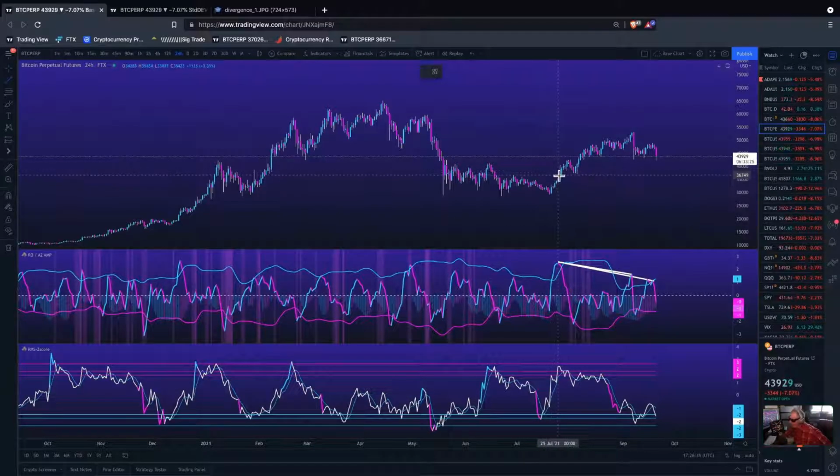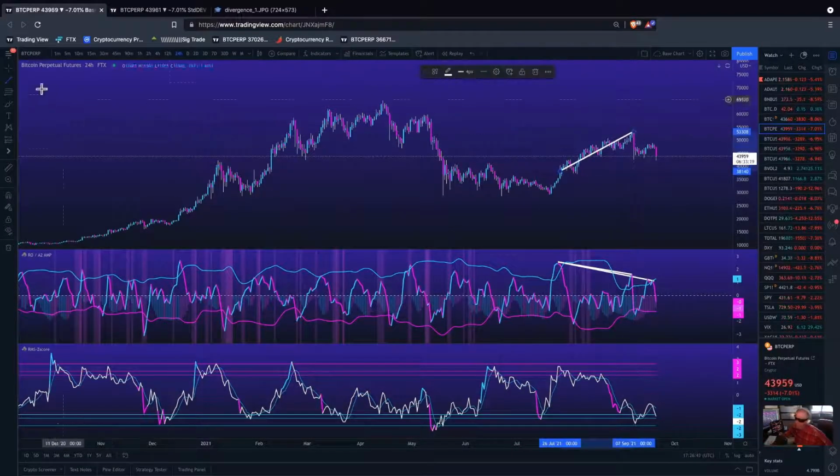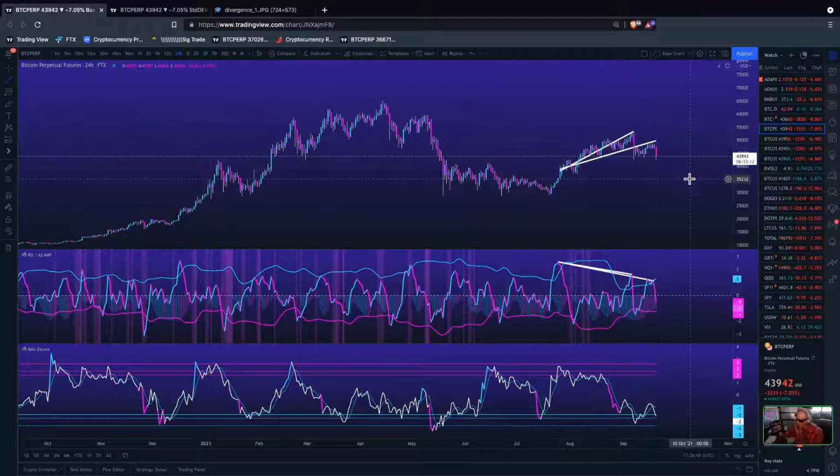Yeah, that actually was from that right to there. Hey, there's two different good examples of how bear divergence created these nice big daily candles.